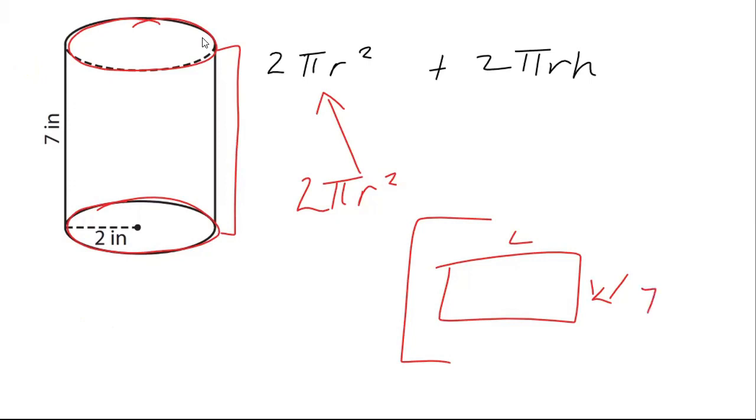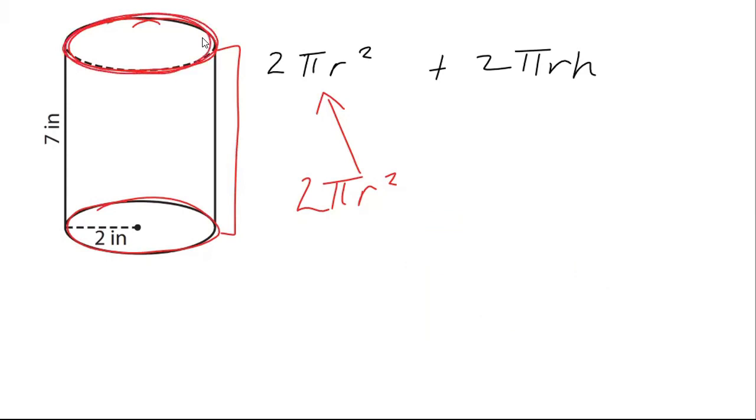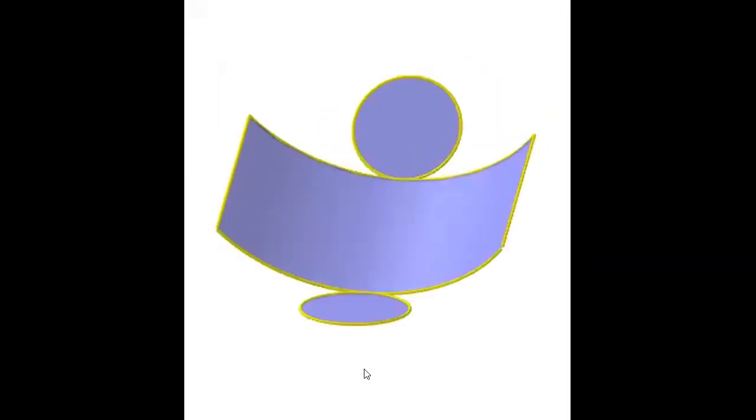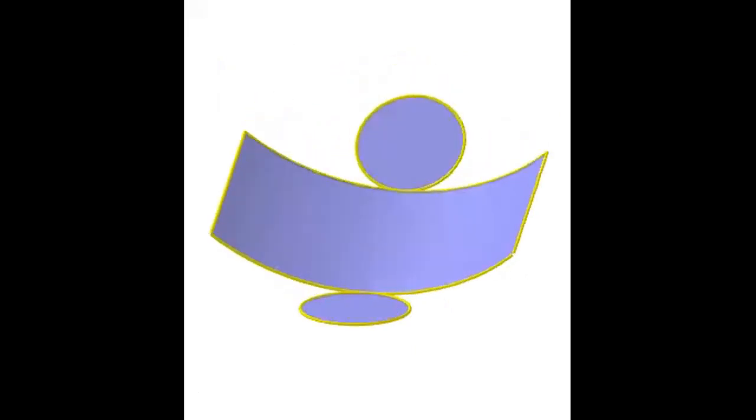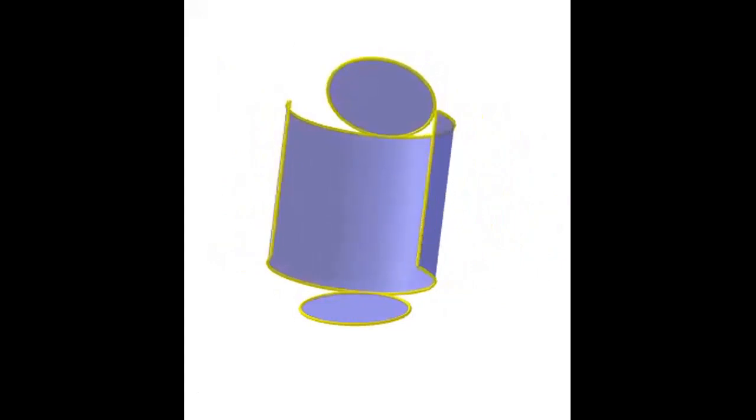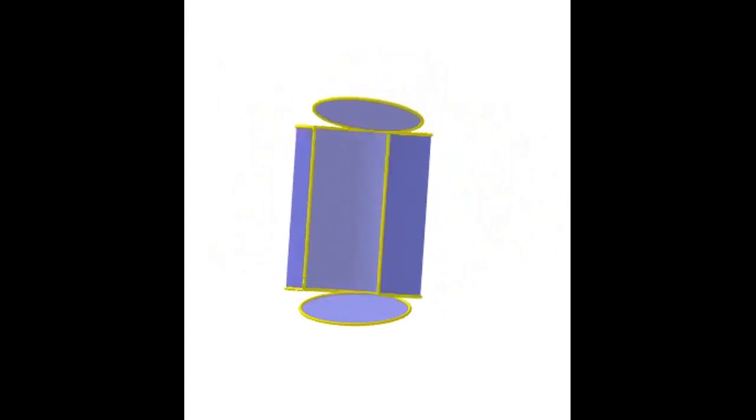But what about the length? The length is where it gets tricky. So the length, if you really try to think about it, and I'm going to bring us back to the net at this time. Now, the length, that part of the rectangle that you're seeing right there, do you recognize that it is the same size as the circumference of the circle?